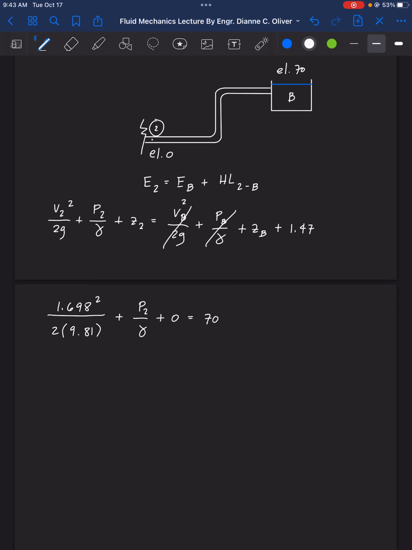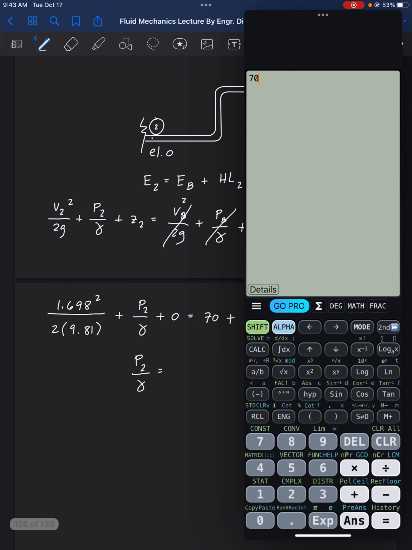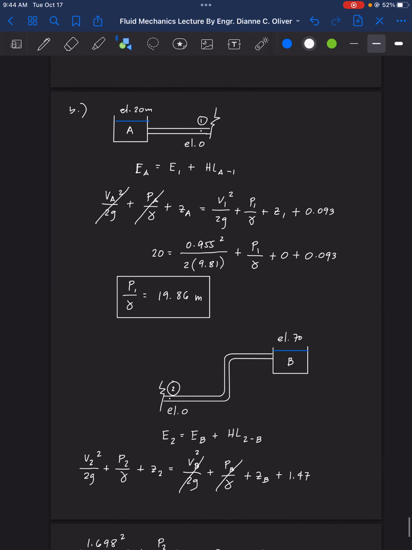Elevation B is 70 plus 1.47. Therefore, our pressure head now is equal to 70 plus 1.47 minus 1.698 squared over 2 times 9.81. So 71.32, 71.32 meters. So that's the pressure head at 2.2. So that's for letter B.